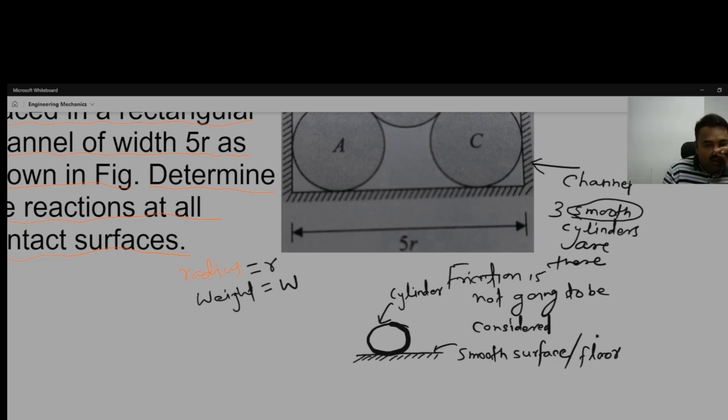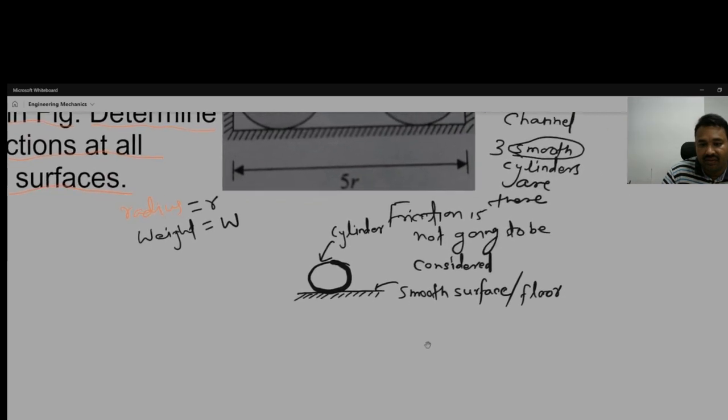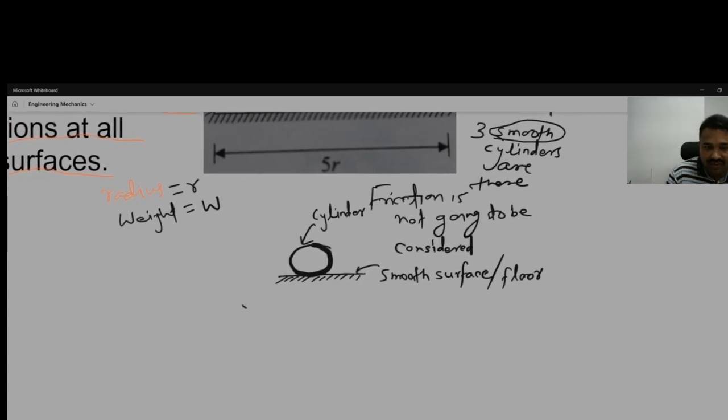Okay. So how to draw the FBD? The free body diagram will be this one, and it has some weight, and weight works downwards.